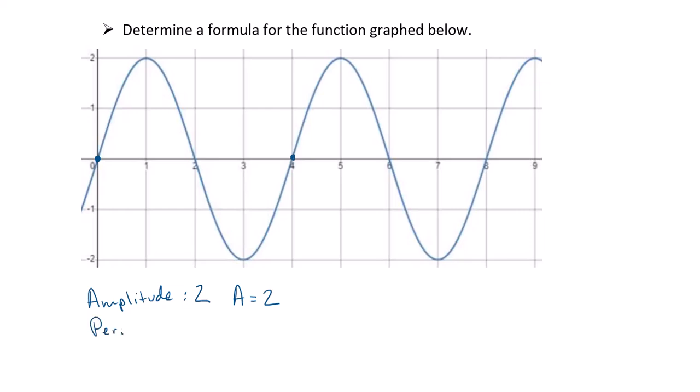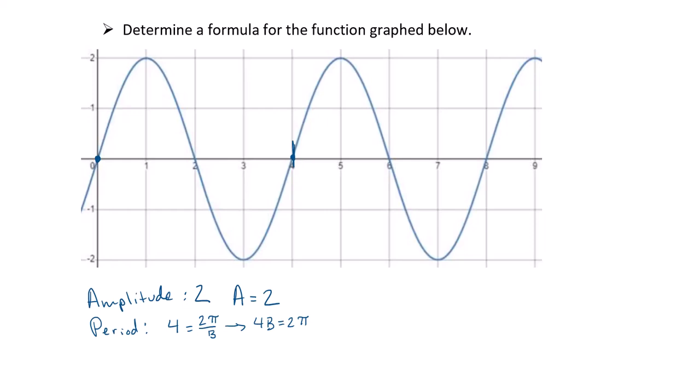The period, looks like the period is over at 4. So 4 is that value of 2 pi over b. This means 4b equals 2 pi. And I divide both sides by 4.